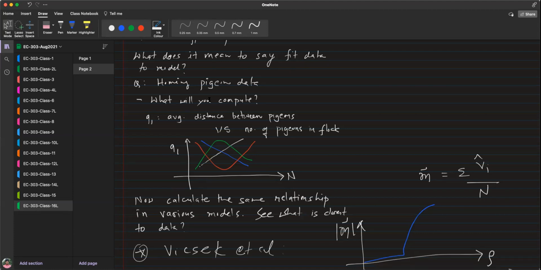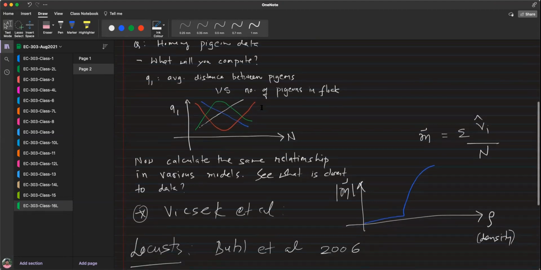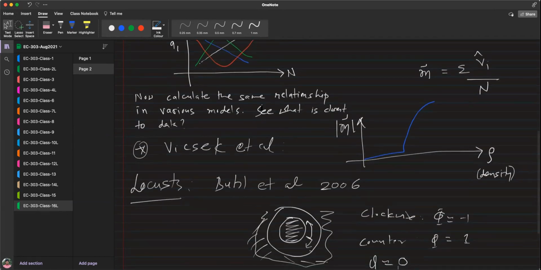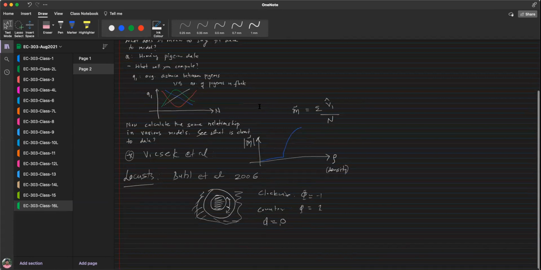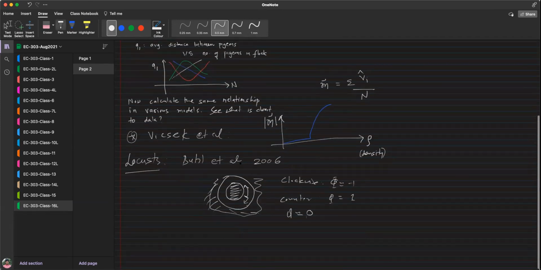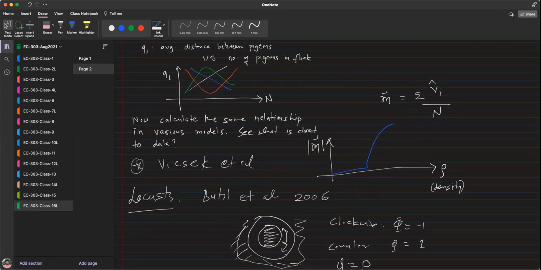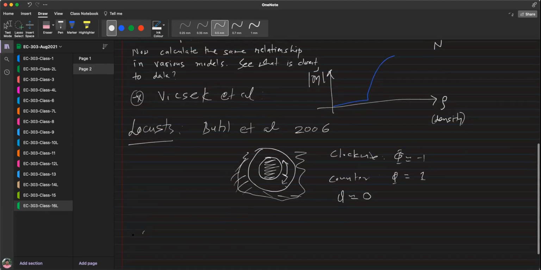But tell me now, what else can we do about model and data? One approach is to test predictions.